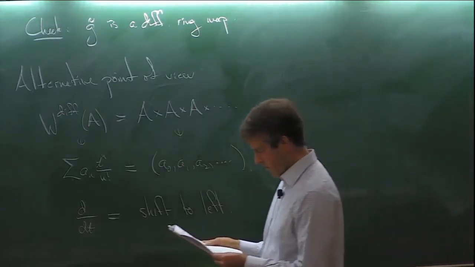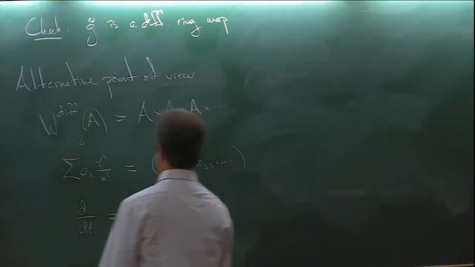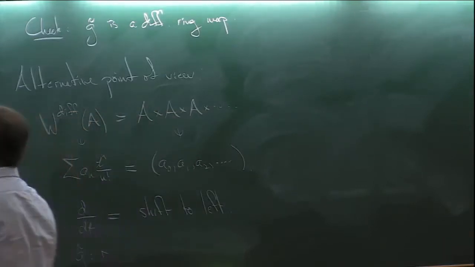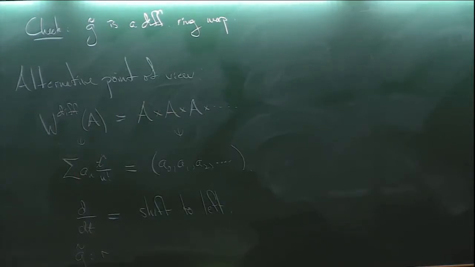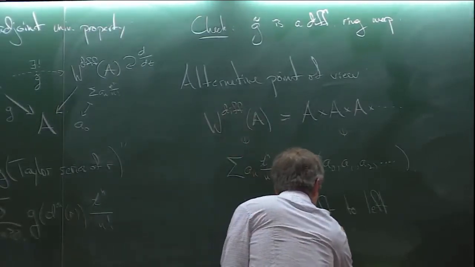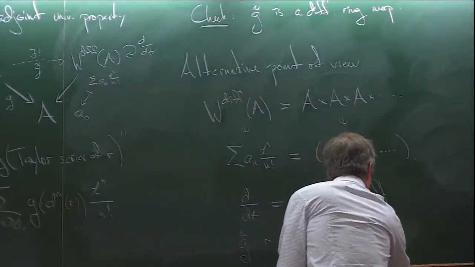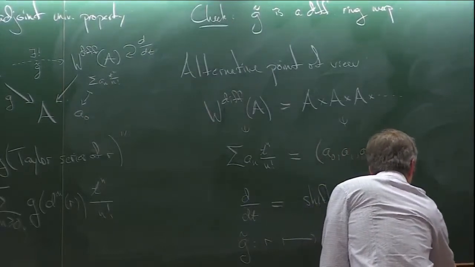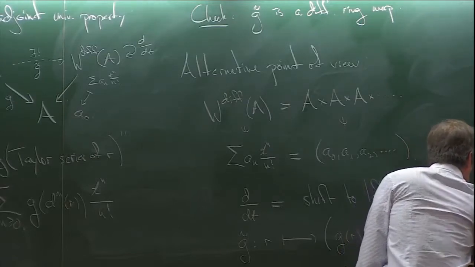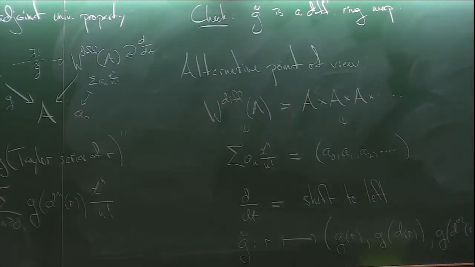Okay, and from this point of view, our G tilde will take an element little r to the vector of G applied to all of its derivatives. Now let me turn things on their head.